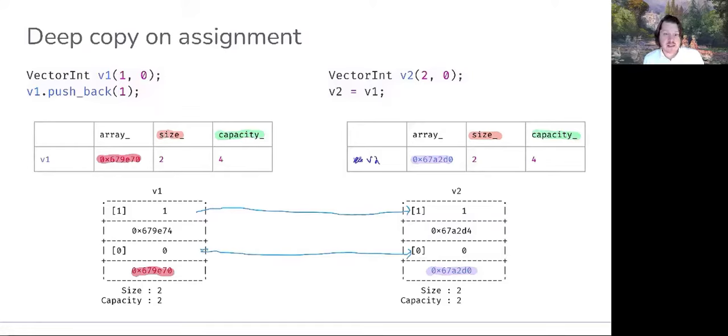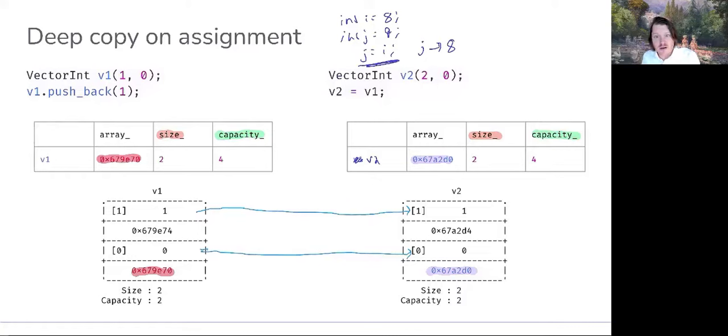They have the same size, which one would expect at this point if we're saying v2 is equal to v1. For instance, if we had two integer objects, int i is equal to 8, int j is equal to 9, if we say j is equal to i, at the end of this statement, we'd expect j to have the value of 8. Just like what we're observing here, v2 looks identical to v1.